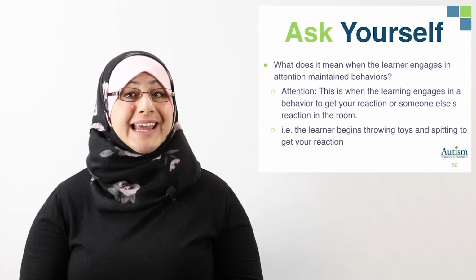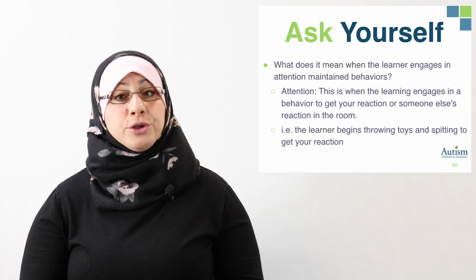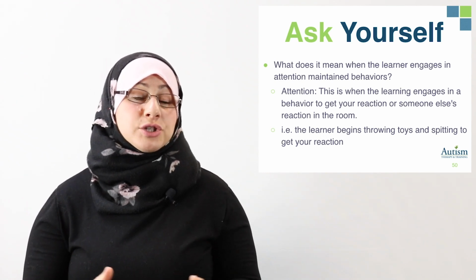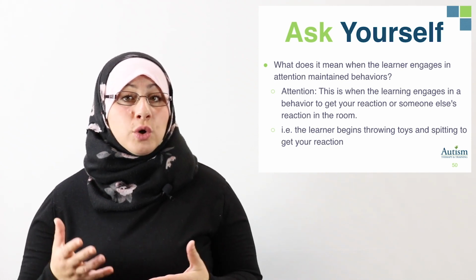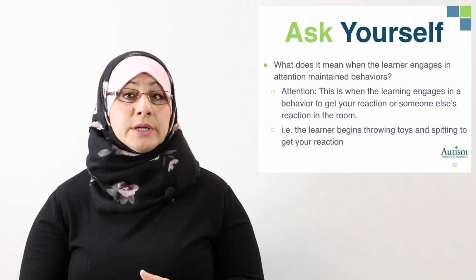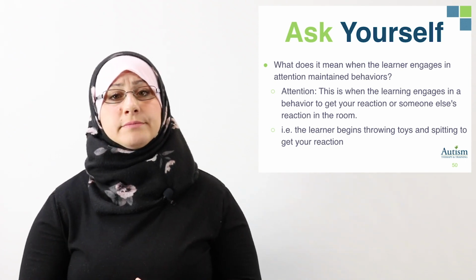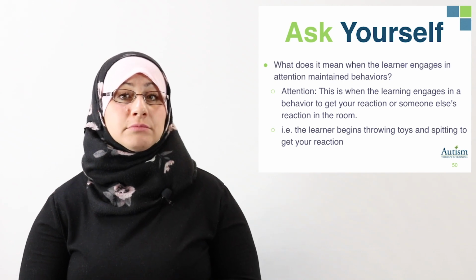Possibly when the learner is engaging in unwanted behavior and you verbally react to it and say something like, "Stop." Does he do it when I'm not looking? So you're writing something down and the learner begins engaging in this unwanted behavior. Does he do it to my face and I usually put a frown on my face to show disappointment? Maybe the learner enjoys that kind of social interaction.